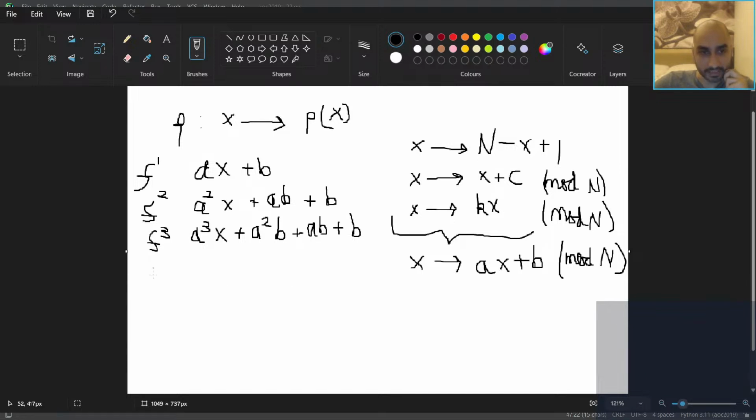Okay, so the general case is A to the K X plus, and then you've got B multiplied by, all the way from A to the 0 plus A to the 1 plus dot dot dot plus A to the K minus 1.